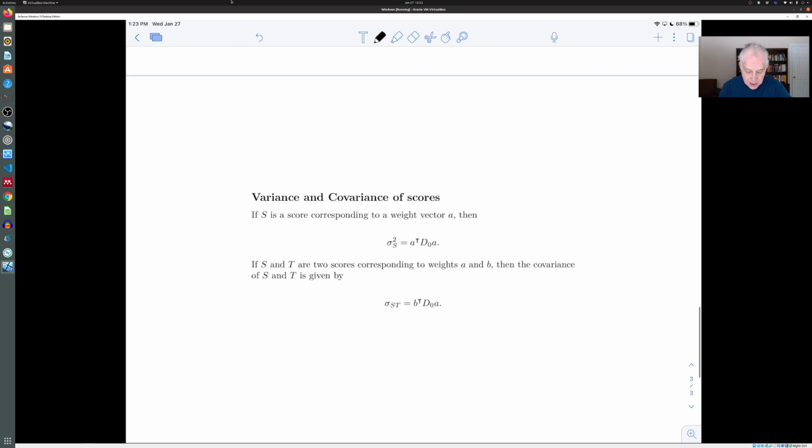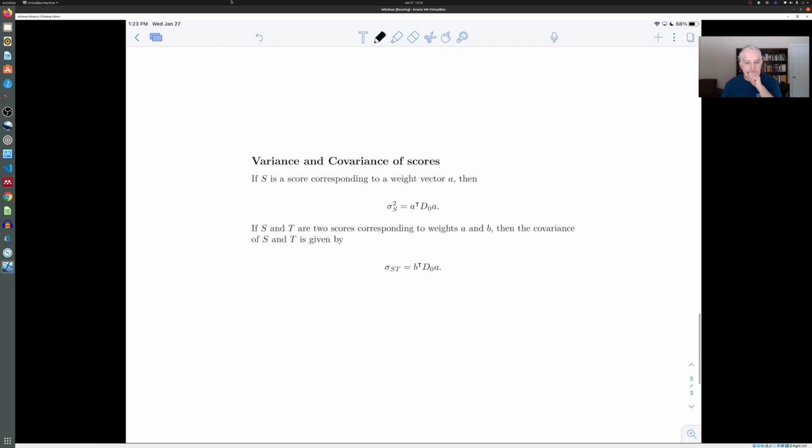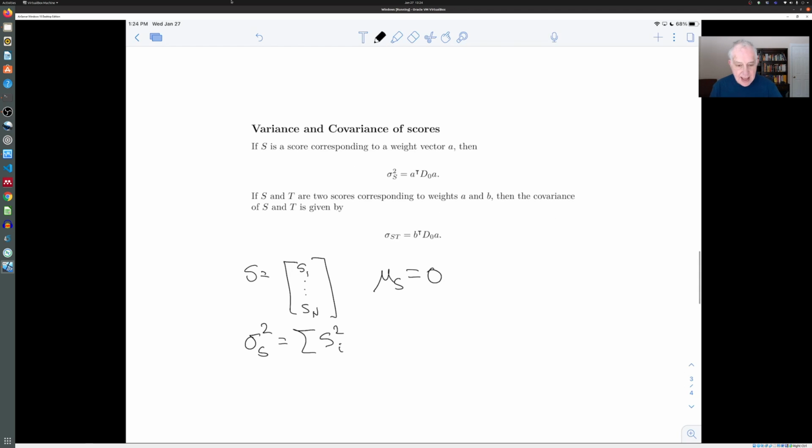And a more interesting question is to ask about the variance. Remember that if you have a score S1 down to Sn, and its mean is 0, then its variance is just the sum of the squares of the values Si, divided by n.